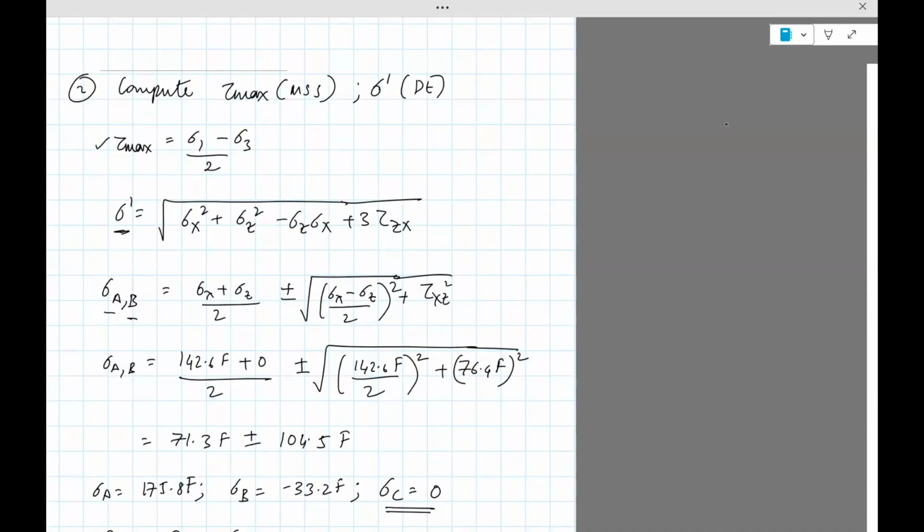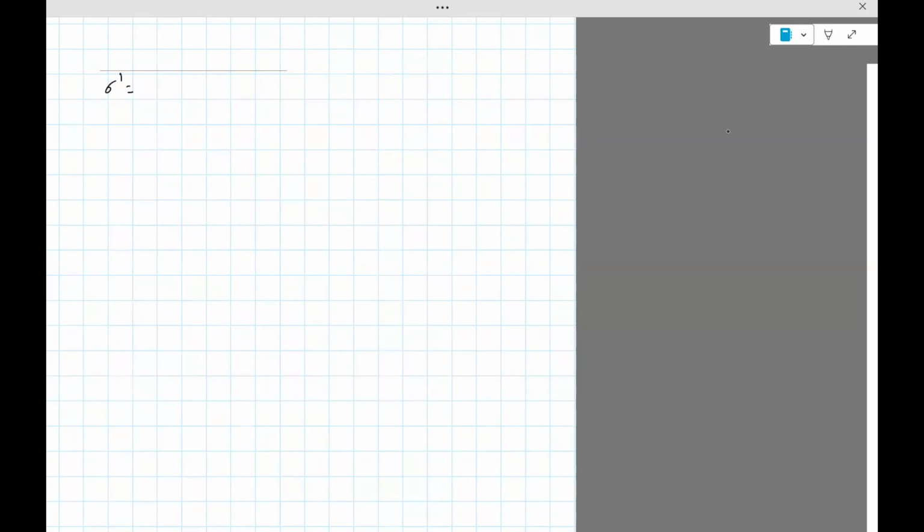Sigma prime, luckily there's a formula which we can use. I think I made a mistake here; this should be square root. Sigma prime is the square root of sigma x square plus sigma z square minus sigma z sigma x plus 3 times tau zx square.